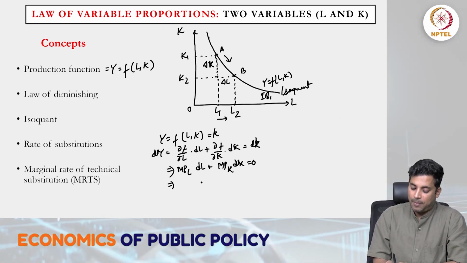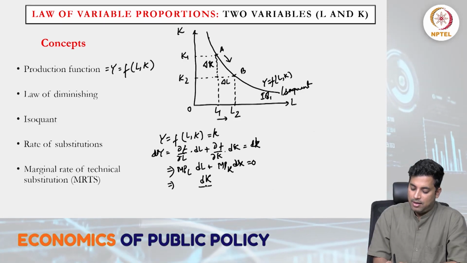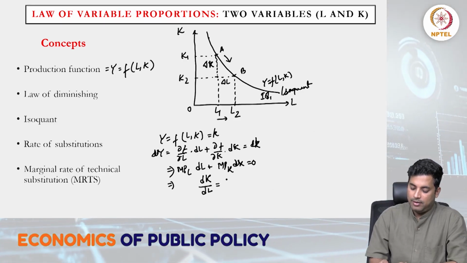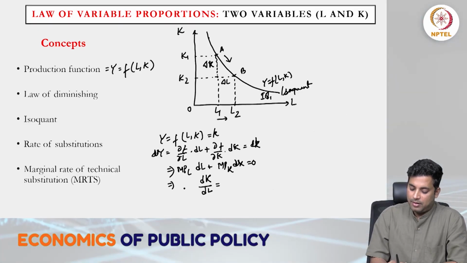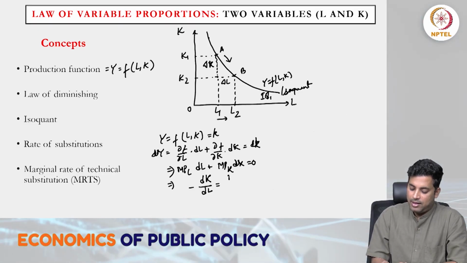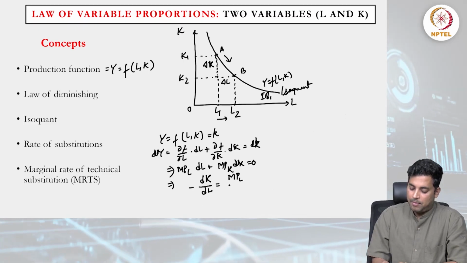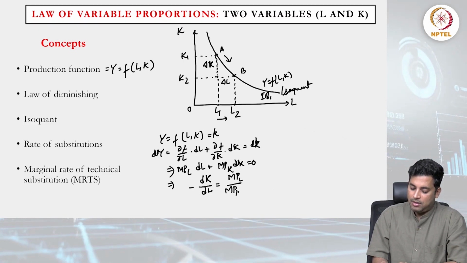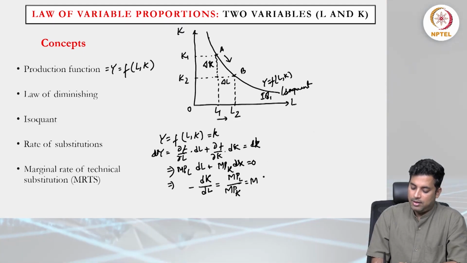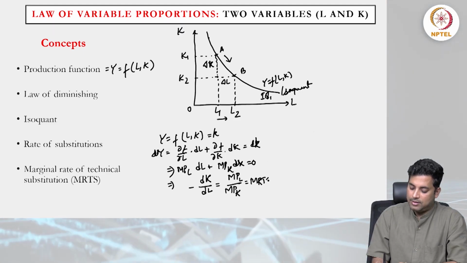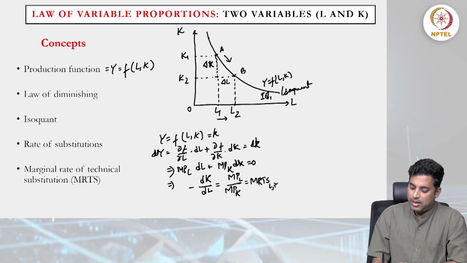Likewise, dK by dL is basically minus MPL by MPK, which is the marginal rate of technical substitution between L and K.